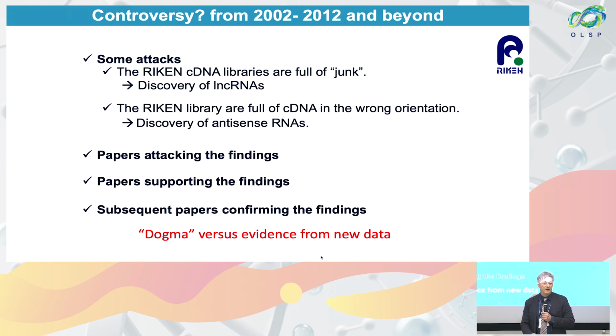Just for information, of course, many years ago we started to say we have many long non-coding RNAs. Guys, please look at our data. But there were also some people that attacked us and said, you have a lot of junk that does not encode for proteins, and cDNAs cloned in the wrong orientation. But actually they were the antisense RNA.